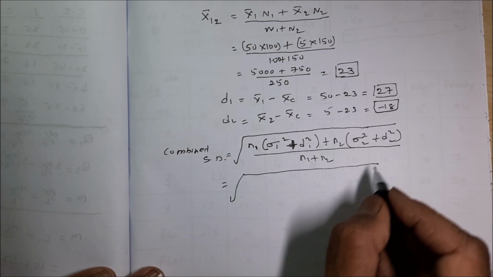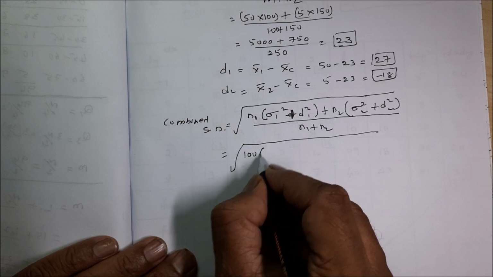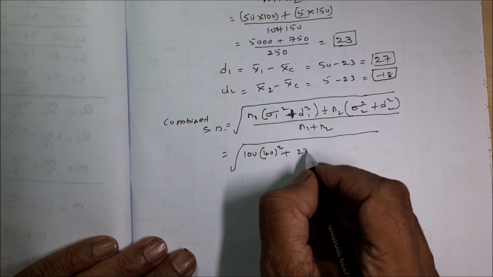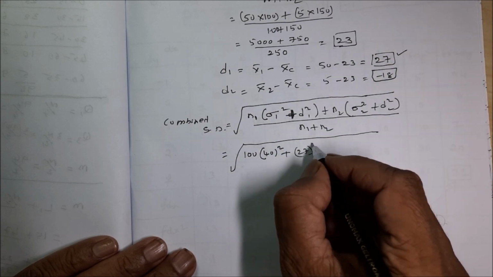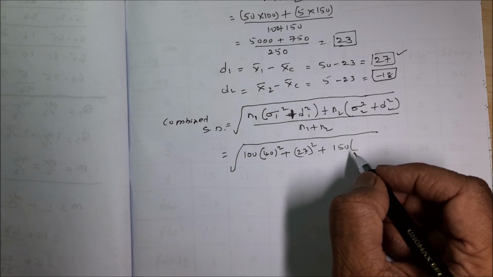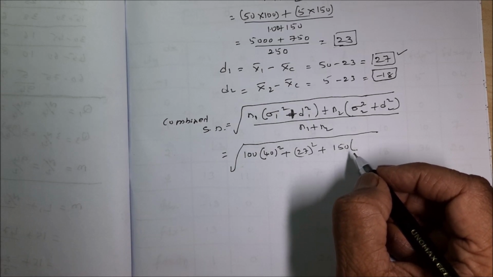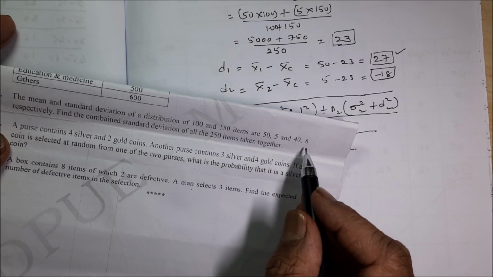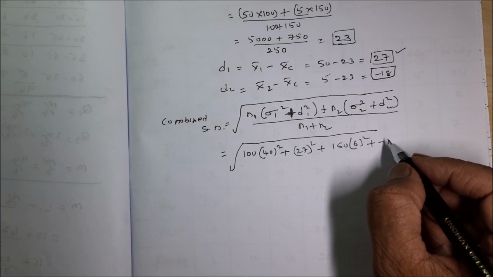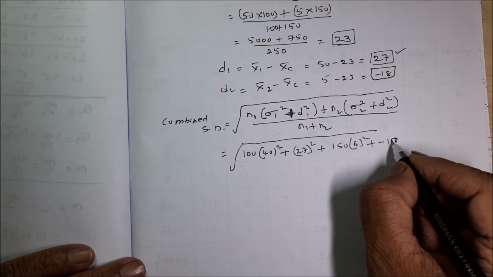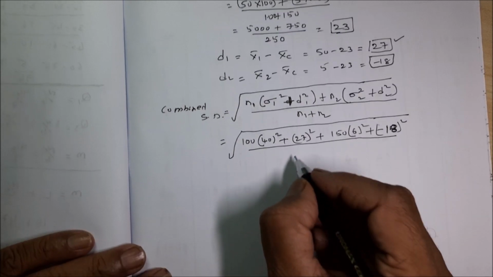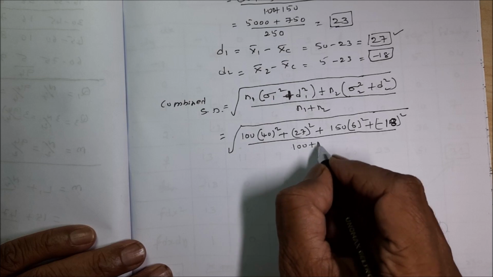Now, square root of 100 into (40 squared plus 27 squared, which we found earlier) plus 150 into (6 squared plus minus 18 whole squared), whole divided by 100 plus 150.